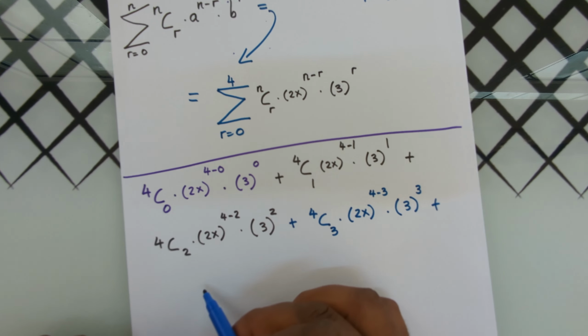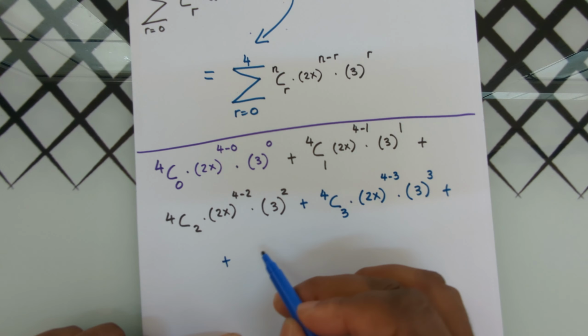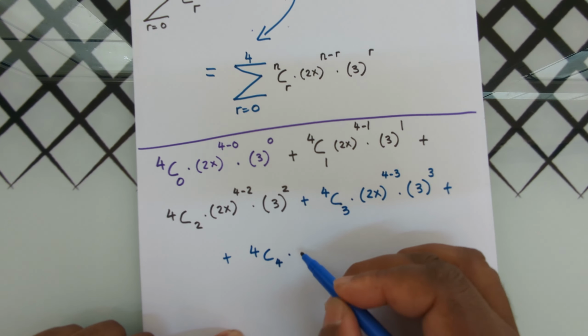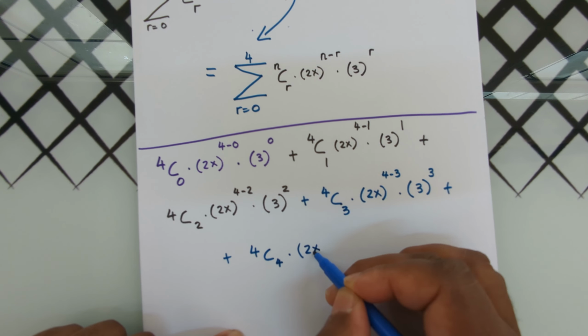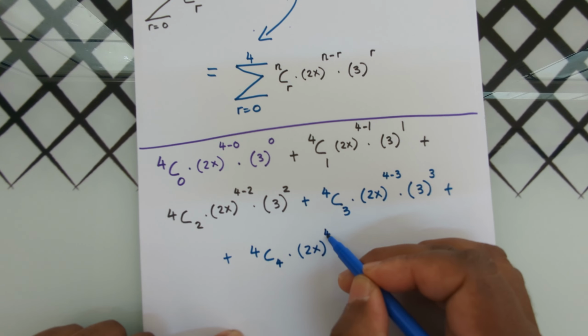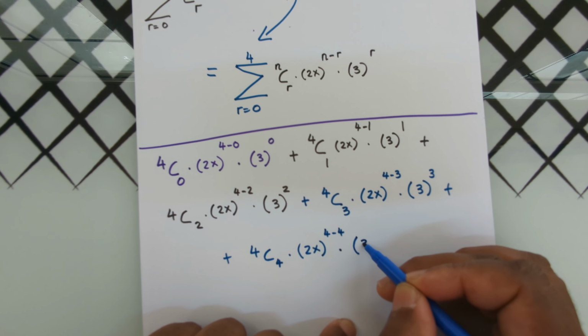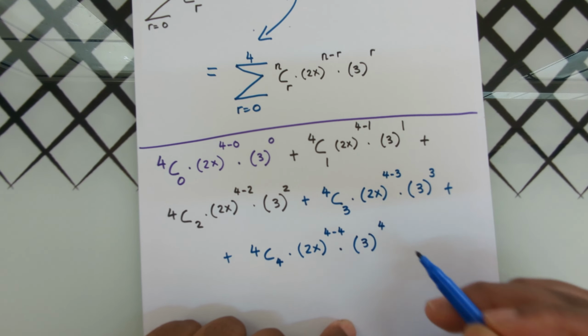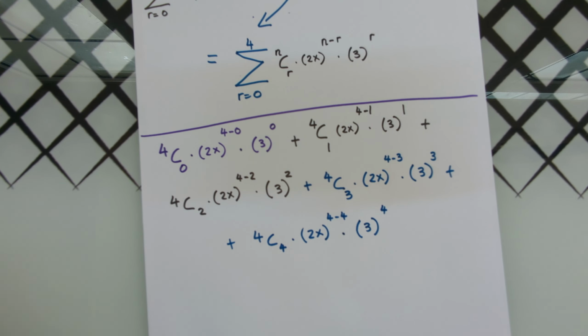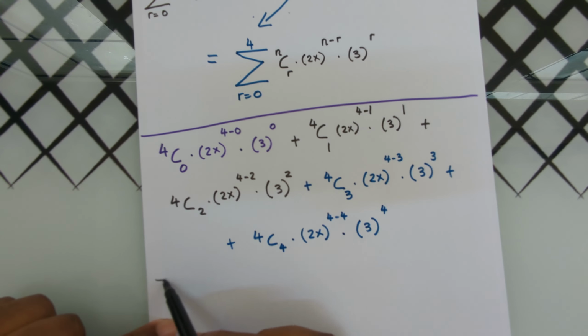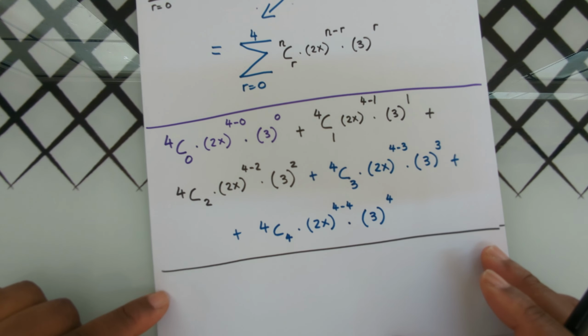And our last term will be 4 choose 4 being multiplied by 2x to the power 4 minus 4 multiplied by 3 to the power of 4. Now let's try to simplify this and see what it gives us.